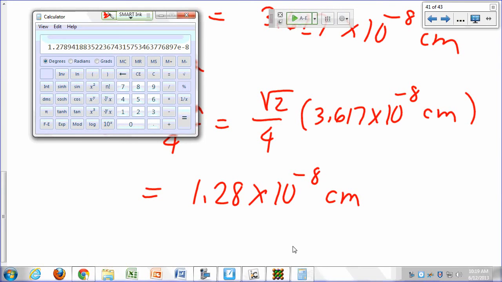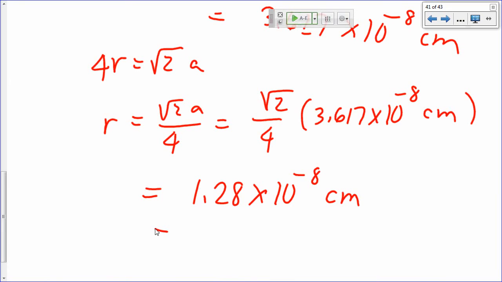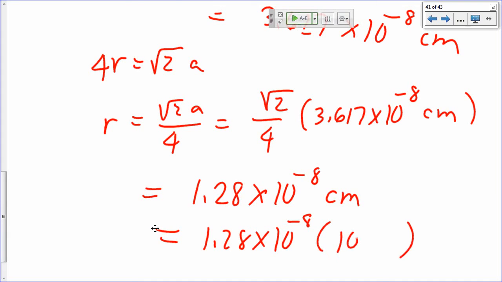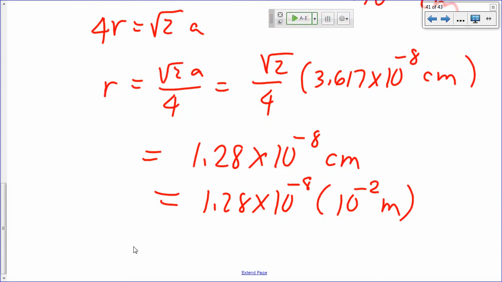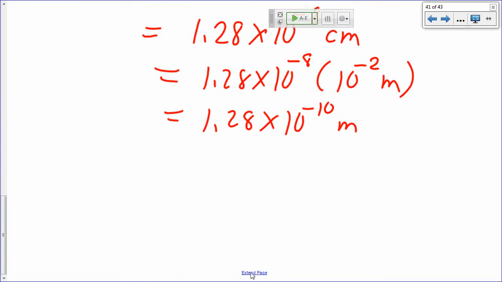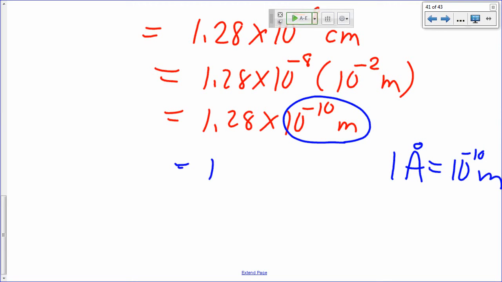So what would that be in picometers? That's 1.28 times 10 to the negative 8 centimeters. Centi means what? 10 to the negative 2. So that's going to be 1.28 times 10 to the negative 10 meters. And 10 to the negative 10 meters is called an angstrom. So that's 1.28 angstroms.